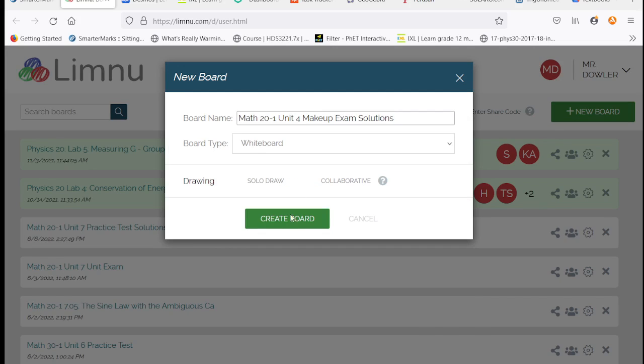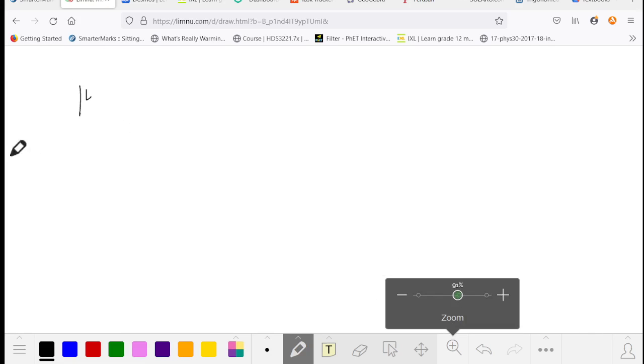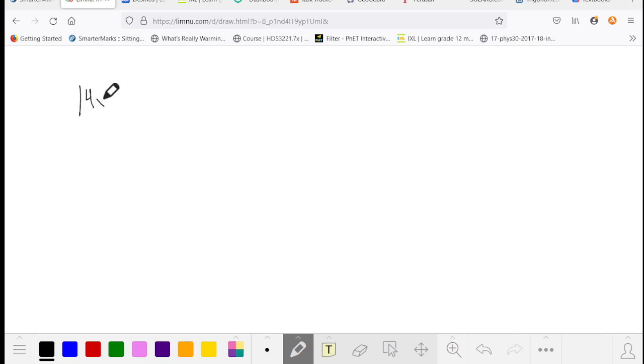Make a new whiteboard here. So now the question is absolute value of 4x plus 7 equals negative 6x minus 5.